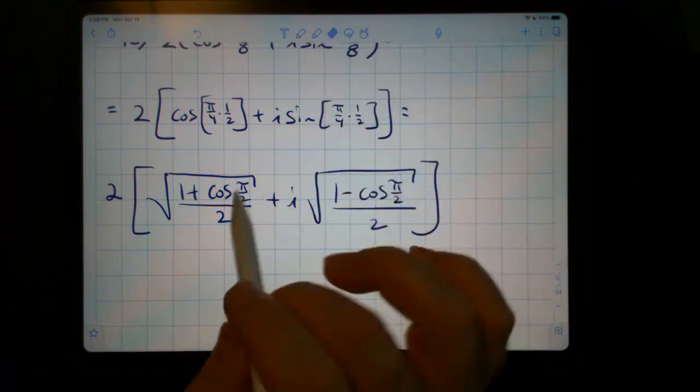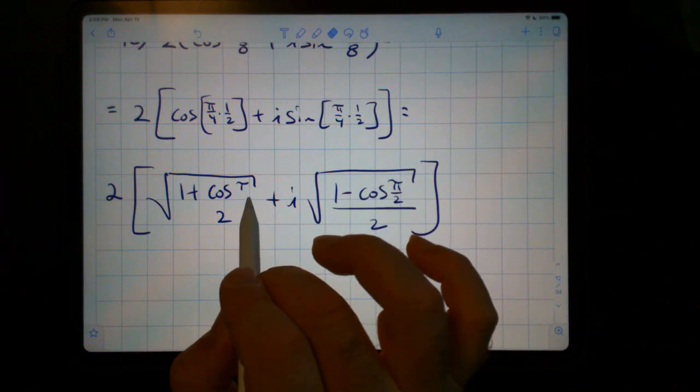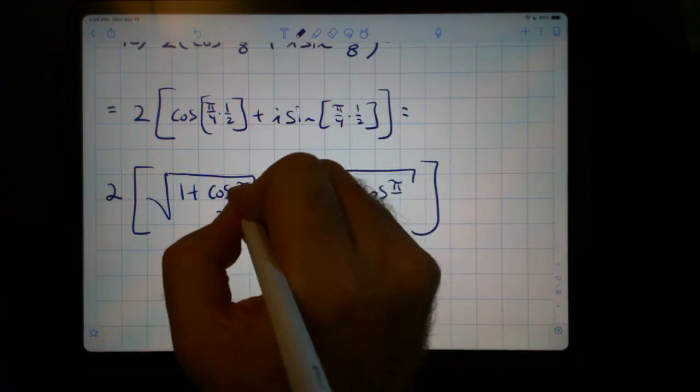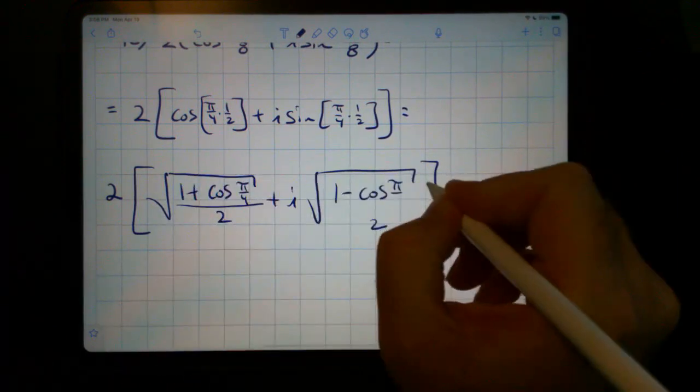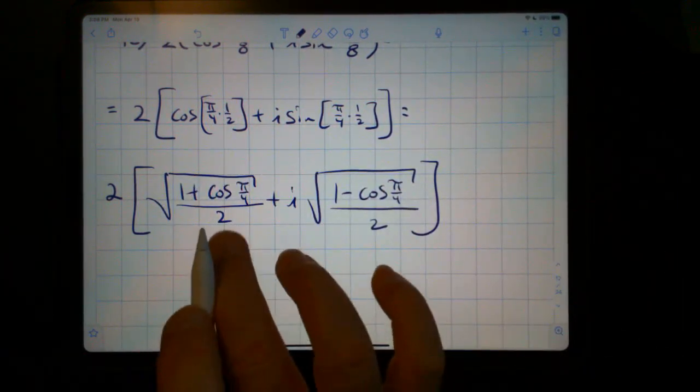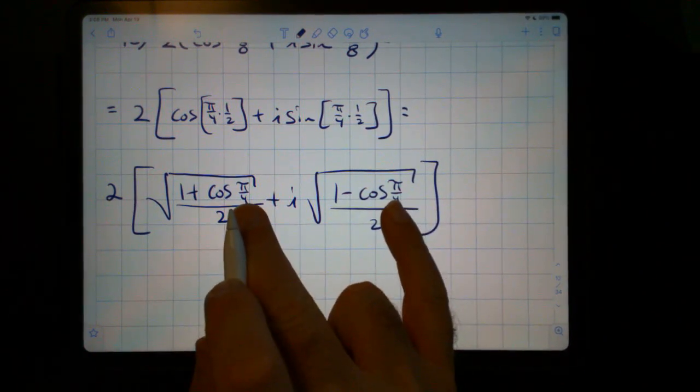Actually, it's pi over 4. Cosine of pi over 4 is radical 2 over 2.